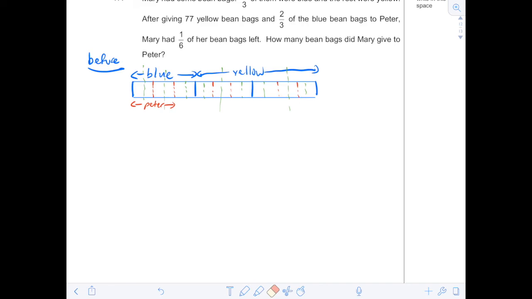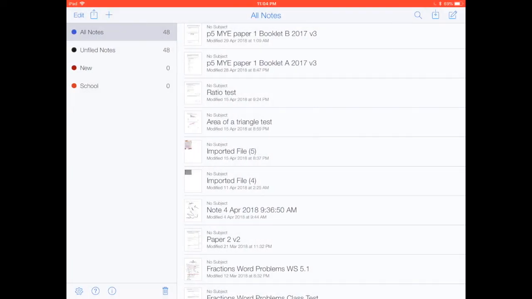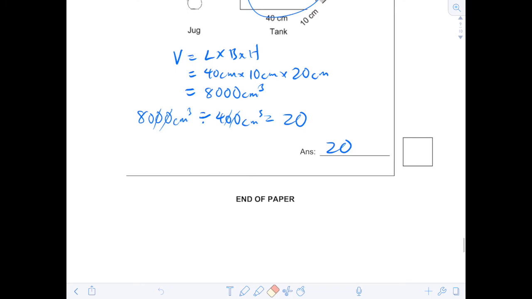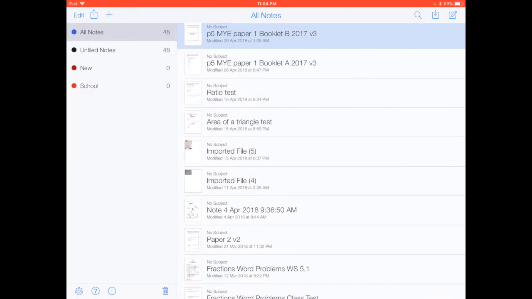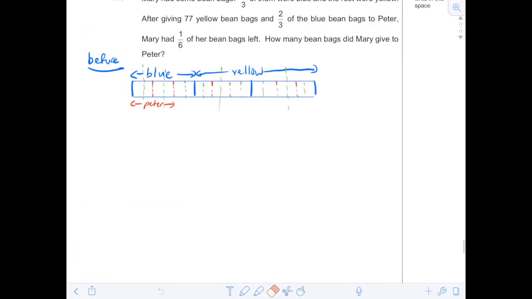So the 1/6 refers to this portion. Just now we saw that 1 unit was actually this, and this was what was left. So if I label it on the diagram, this is left.